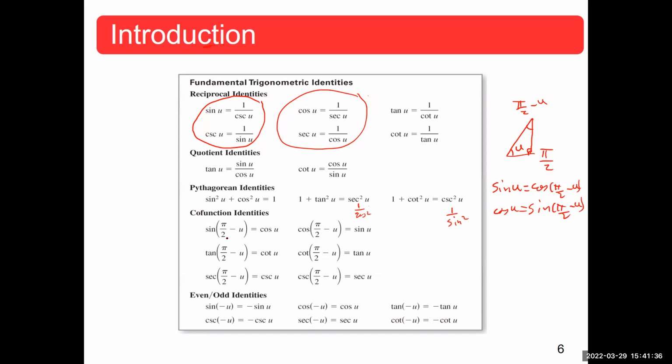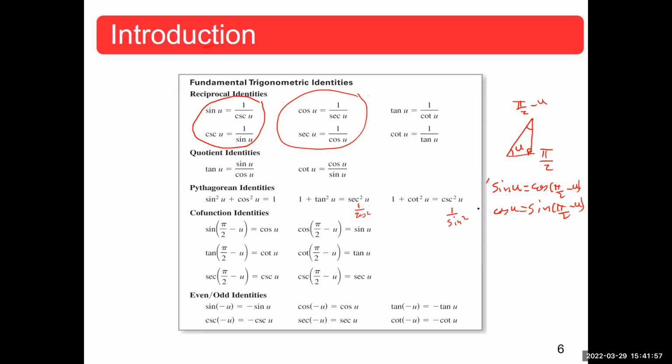I think that's the same thing in here, right? Yeah, see, sine of u equals cosine of pi over 2 minus u, or cosine of u is equal to sine of pi over 2 minus u.